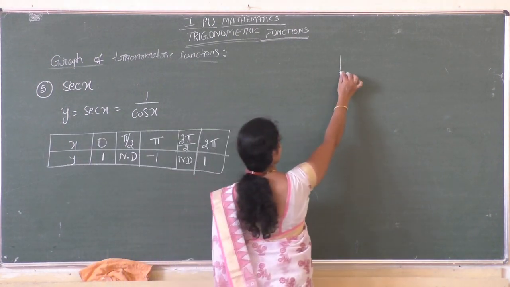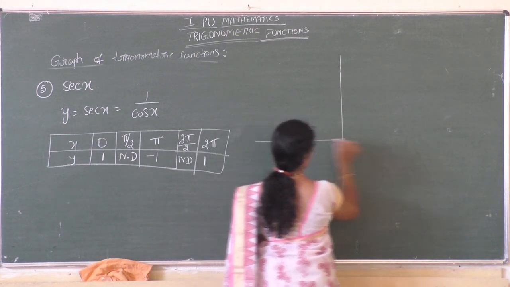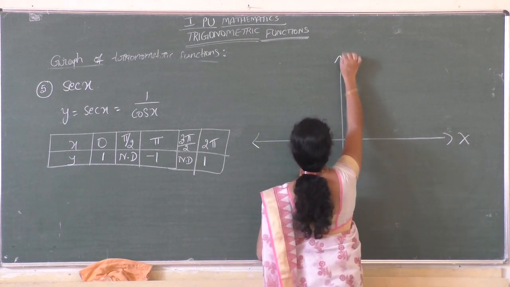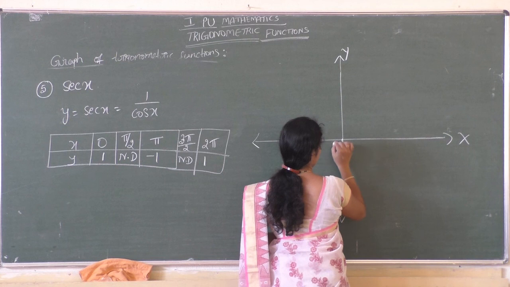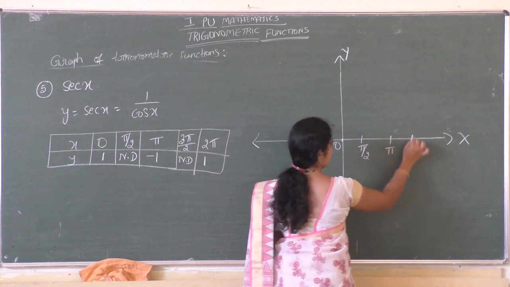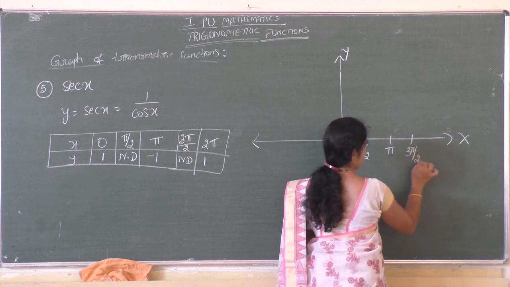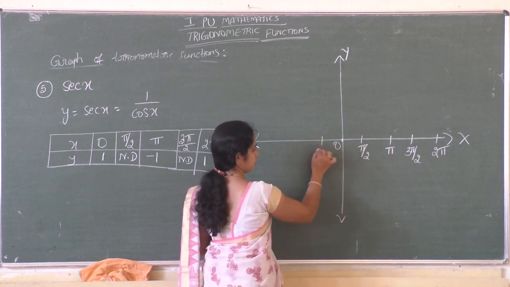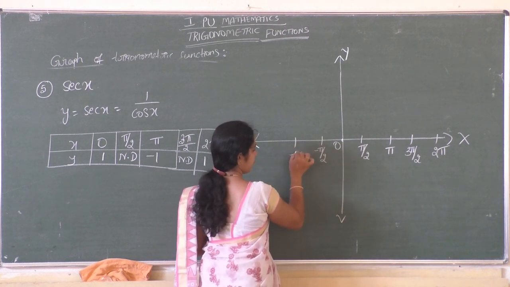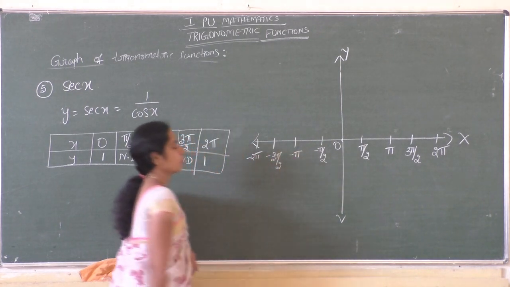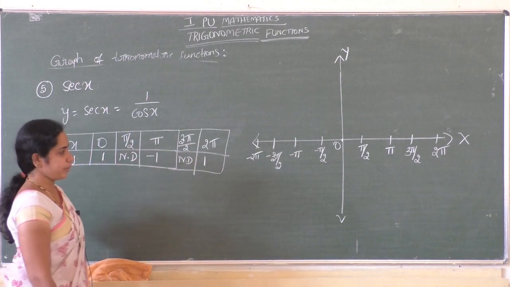Let us draw the graph. X and y axis, 0, pi by 2, pi, 3 pi by 2, 2 pi, minus pi by 2, minus pi, minus 3 pi by 2, minus 2 pi.